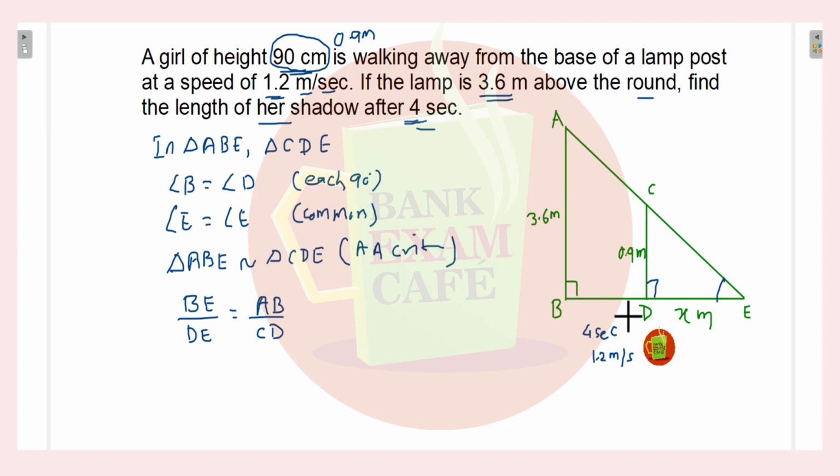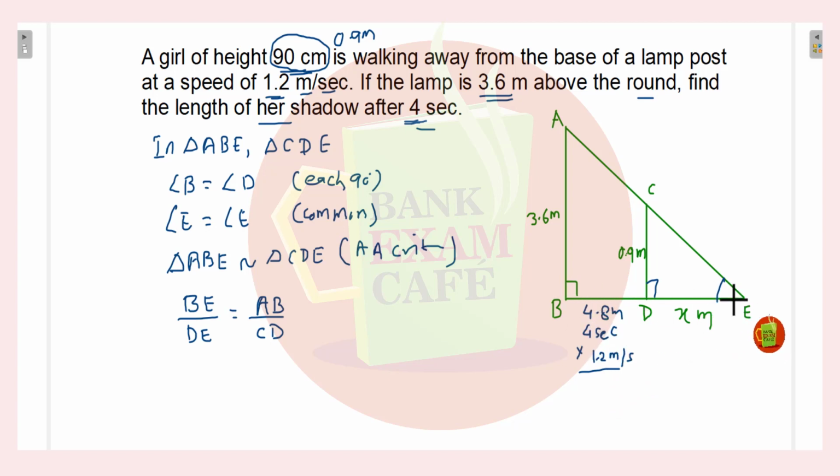Here BD we can calculate that the speed of the girl is 1.2 meter per second and she walks for 4 seconds. So the distance covered by her will be 4 into 1.2, that is equal to 4.8 meter. 4 2s are 8, 4 1s are 4. Very simple. So BD is 4.8 meter.